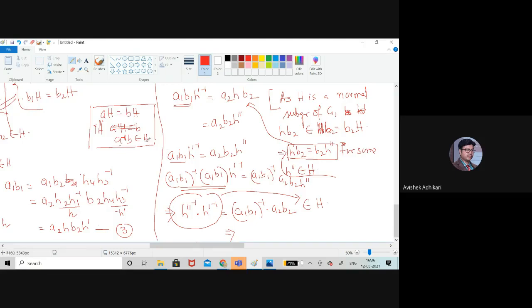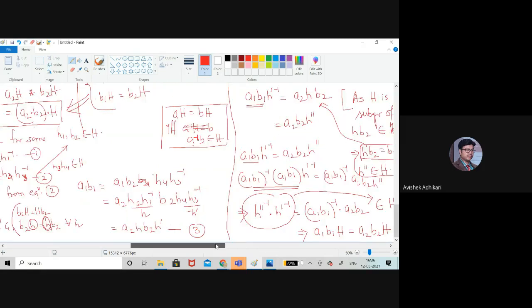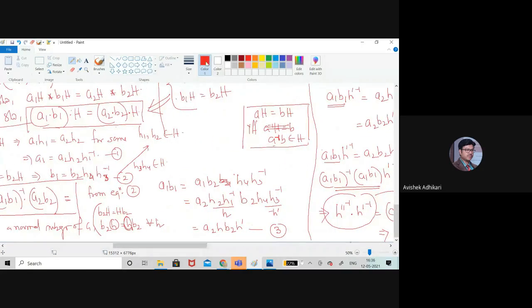If A inverse B belongs to H, what do we say? AH equal to BH. That means A1 B1 H equal to A2 B2 H, and that we needed to prove. Very good.